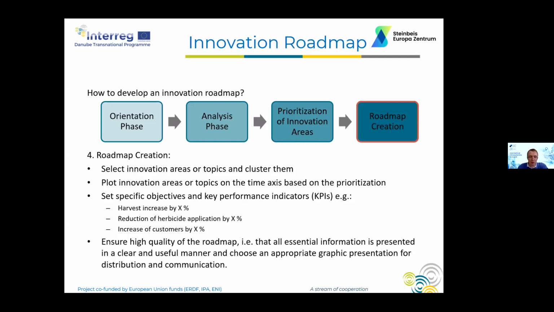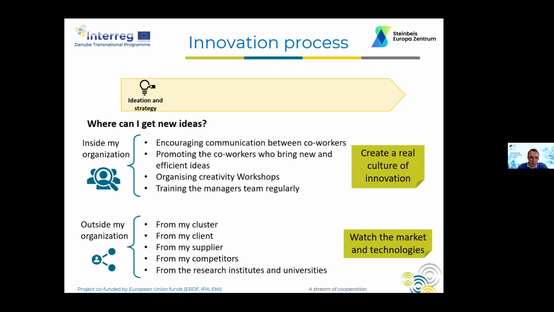So I know what you will do. We just recall the main steps of the innovation process, very quickly. The first step is ideation and strategy. So you need to gather ideas and then translate these ideas into an innovation strategy. So you need to define a vision and a mission.